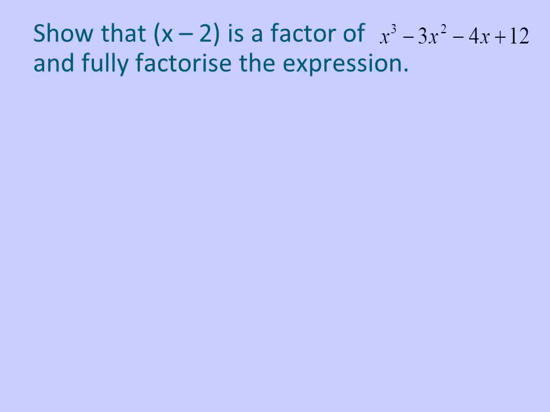Let's look at a question. Show that x minus 2 is a factor of x cubed minus 3x squared minus 4x plus 12 and fully factorize the expression. I could perform long division, and provided there were no remainders, it would prove that x minus 2 is a factor.